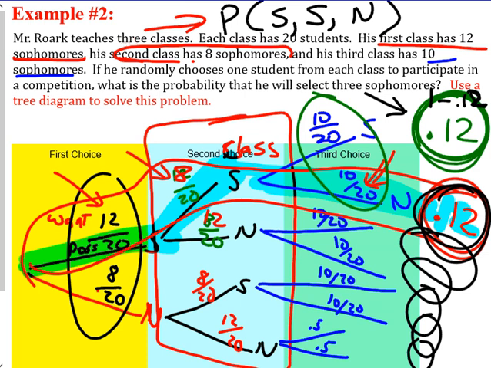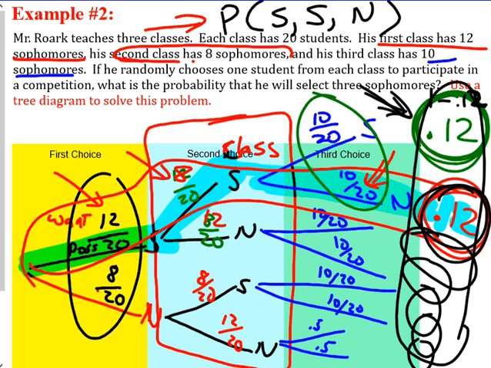Because 1 minus 0.12, which is 0.88, would be what the other ones would have to add up to. It's just logic. All of these have to add up to 100%. I can either add up everything except this top one, or I can take 1 minus the top one.